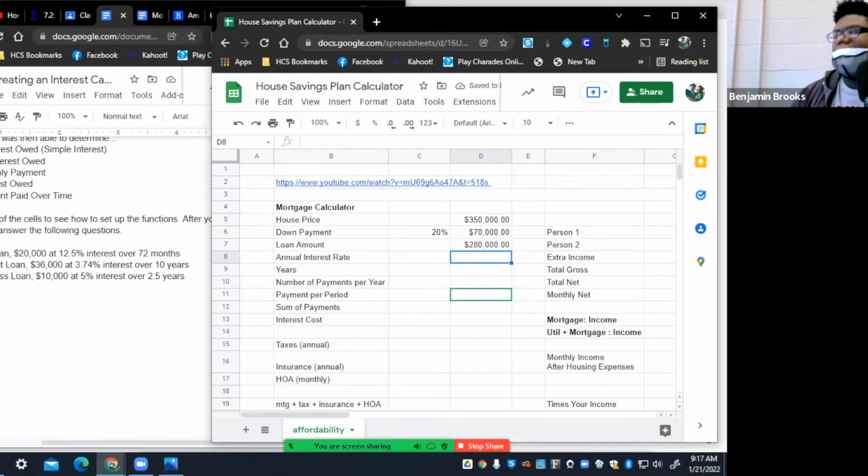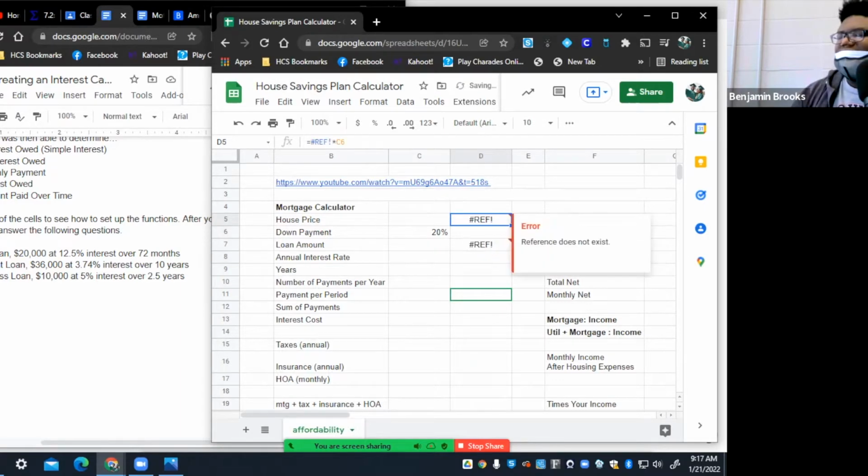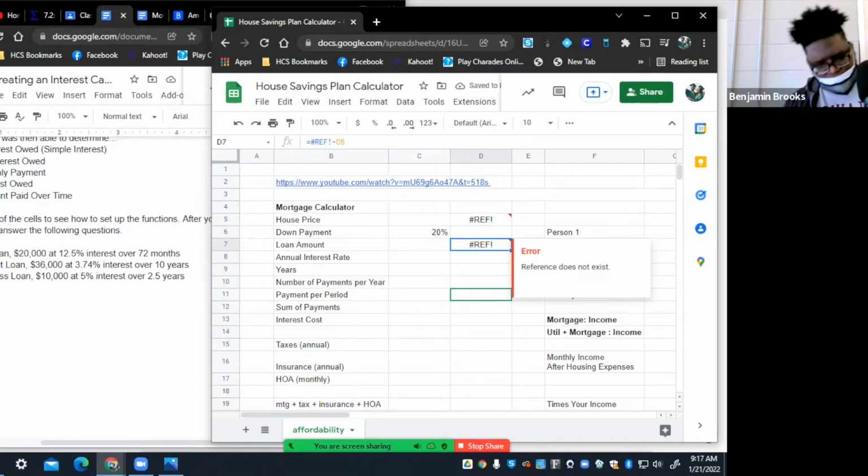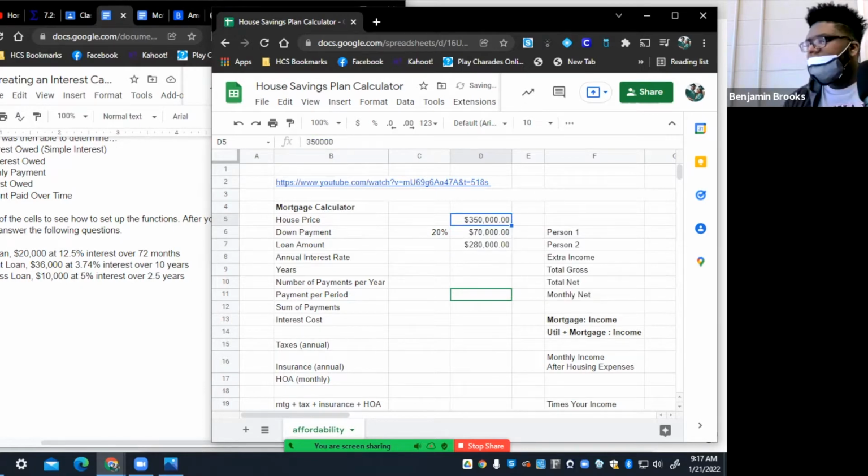Everybody cool with that? So the first thing we did was D5 was a dollar sign. That's all we did, click in there. And then C6 is a percentage. Then I put in the numbers, 350,000 and 20%.